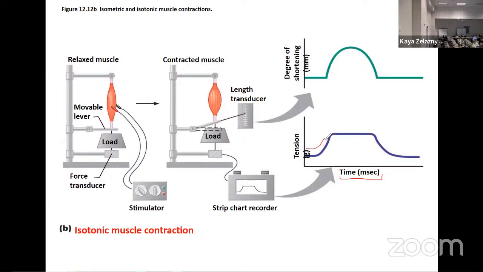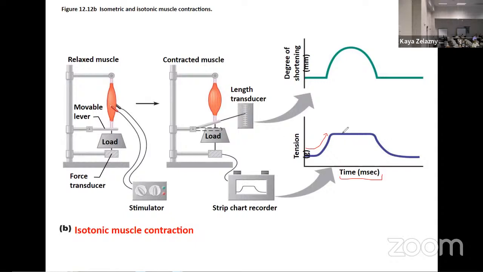The beginning starts the same, and isotonic muscle contractions are often preceded by isometric muscle contractions. So you push on something heavy, it doesn't move, isometric. You push harder, it starts to move, isotonic.